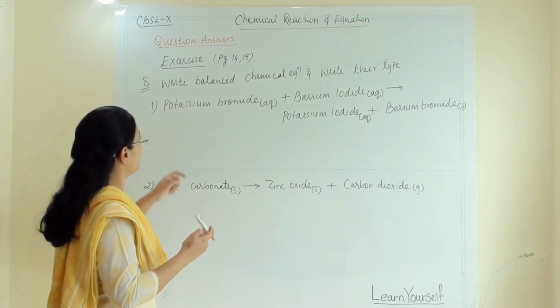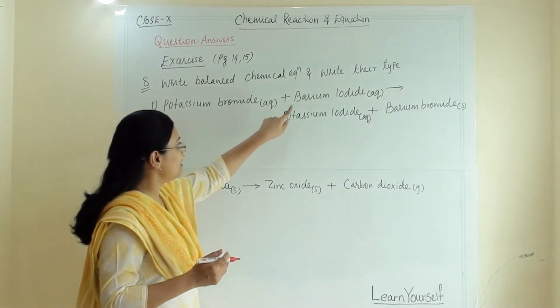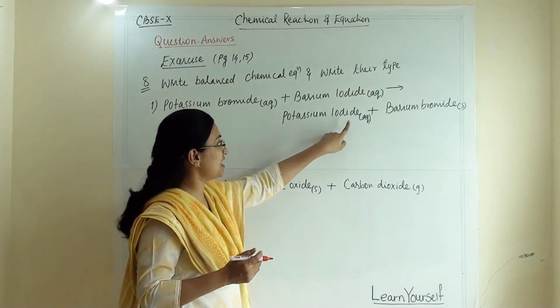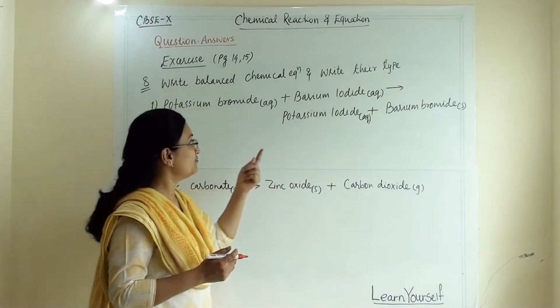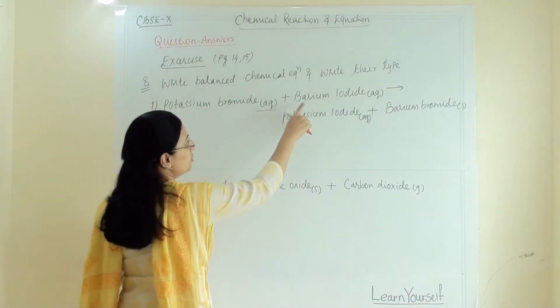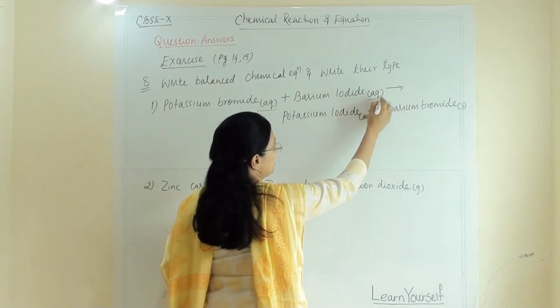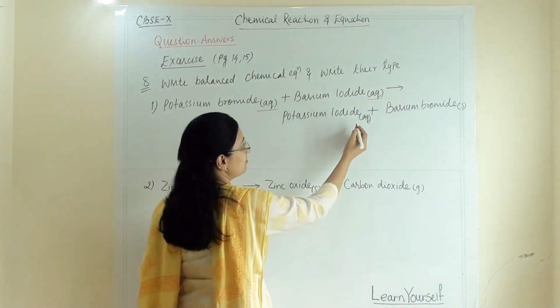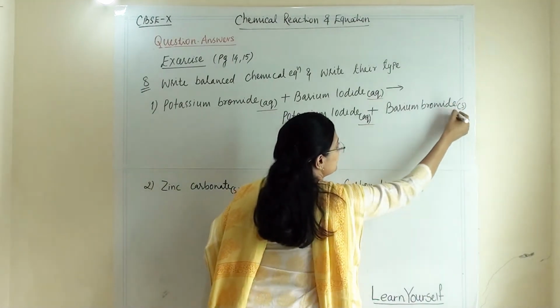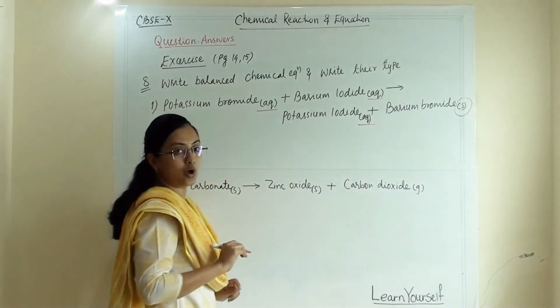Now first, potassium bromide will react with barium iodide and will give us potassium iodide and barium bromide. If you see here, the state of both the reactants is aqueous, but on the product side, one is aqueous and the second one is solid.